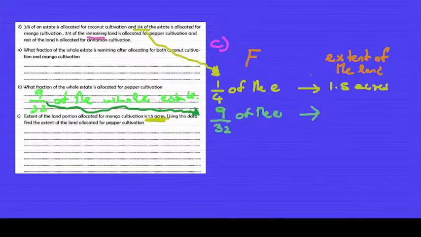So how do we do this? There are two ways to do this. One way is we have to convert this 1/4 to 9/32. How can we do that? The only tool you can use is multiplication. Using multiplication, how would you turn 1/4 to 9/32?